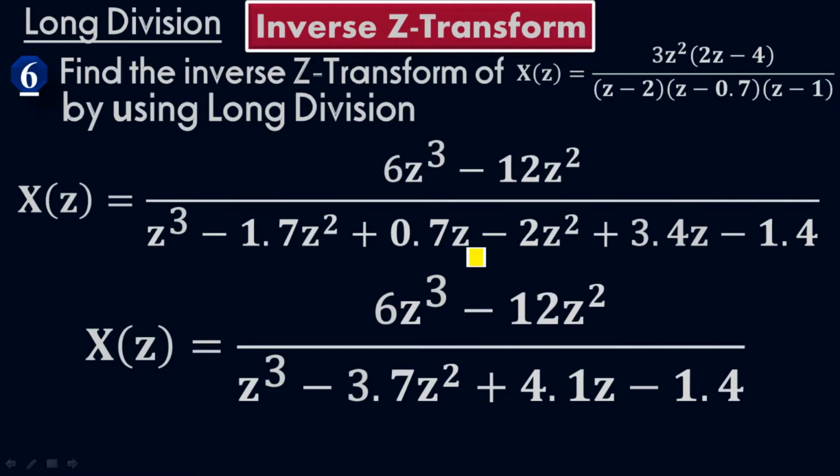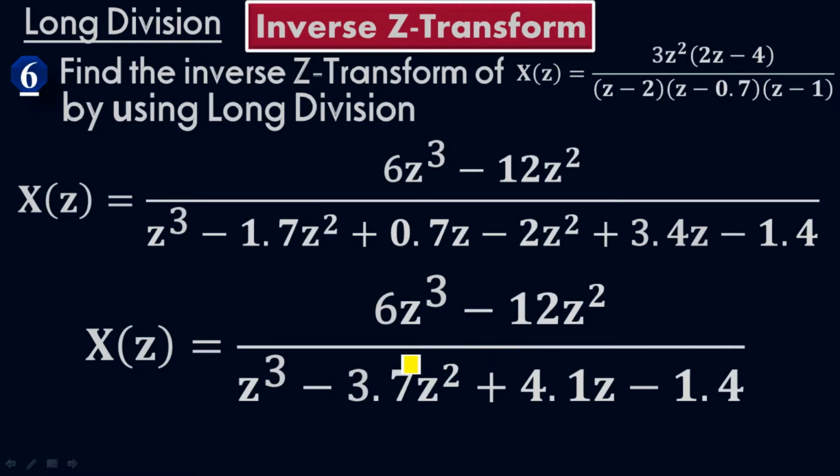Now, why do we use the long division method? We use it if the maximum power of the numerator equals the maximum power of the denominator, or if the maximum power of the numerator is greater than that of the denominator. If the maximum power is 2 in the numerator and 3 in the denominator, we don't have any issue, because then the maximum power in the numerator is less than in the denominator.